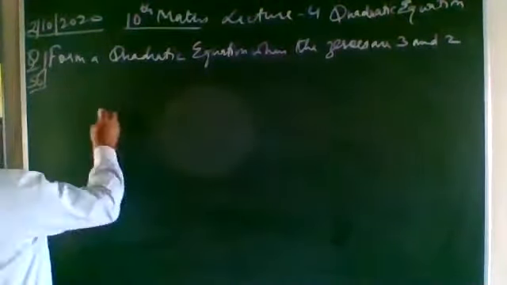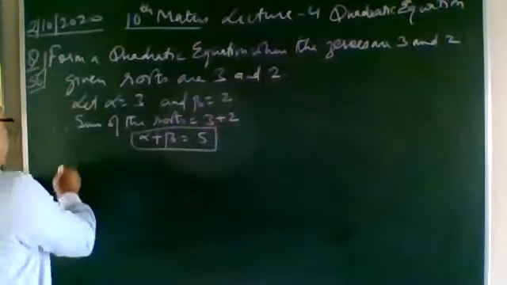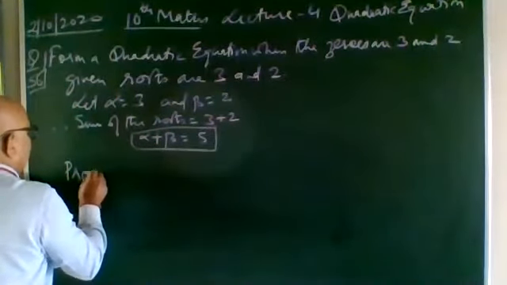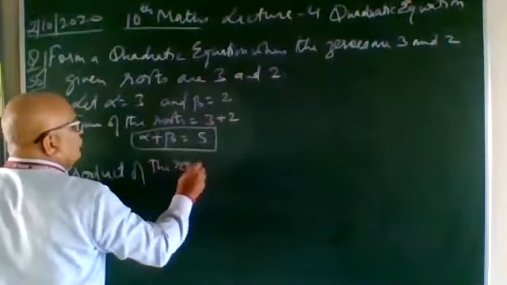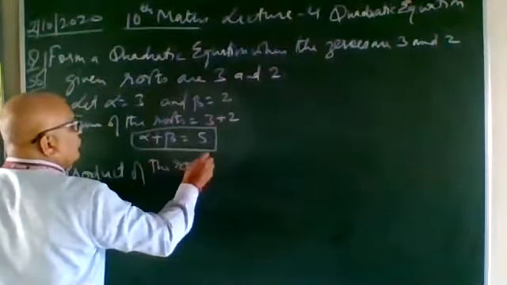Therefore, sum of the roots is 3 plus 2, alpha plus beta equal to 5. Product of the roots is 3 into 2, alpha beta equal to 6.